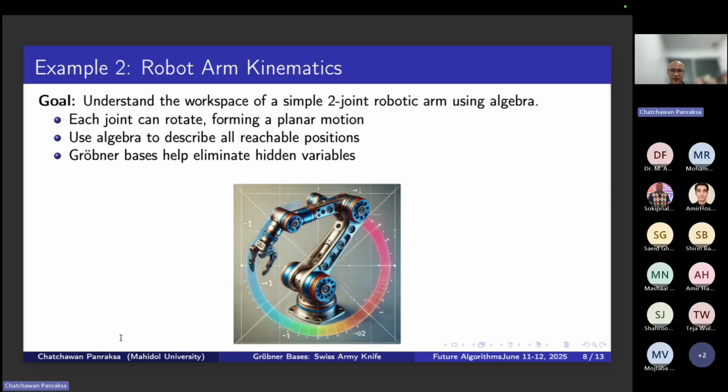I'm going to think about the robot arm as working in a two-dimensional space. This is quite applicable because most of the time the working space for the robot would be 2 dimensions, but we can extend this to 3 dimensions as well.